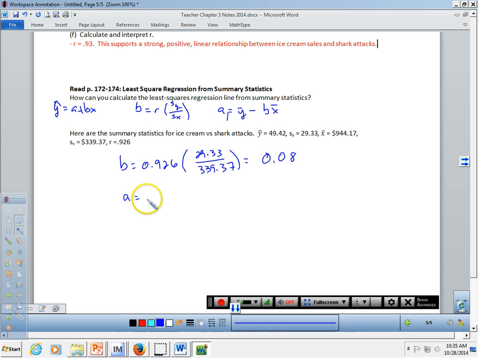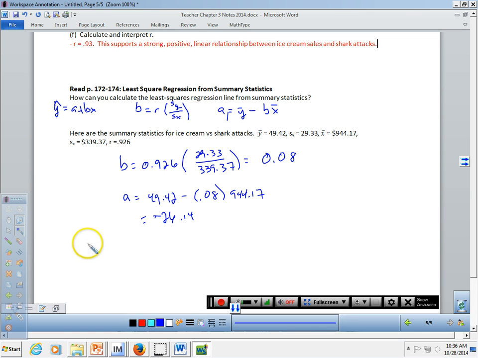The y-intercept comes from y bar, which is 49.42, minus this 0.08, which I'm rounding to write down, but I haven't changed in my calculator, so I can use the whole decimal, times x bar, which is 944.17. So I'll take the decimal in my calculator and multiply it by 944.17, and then I will take 49.42 and subtract that answer and get, hey, look at that, negative 26.14.